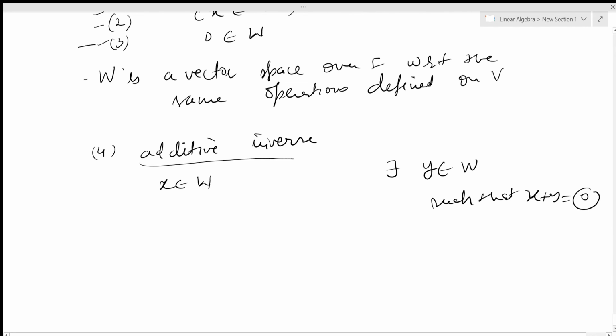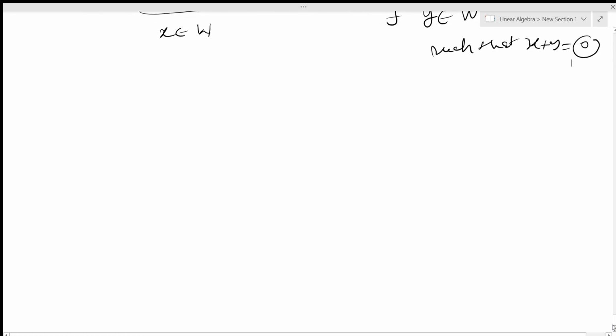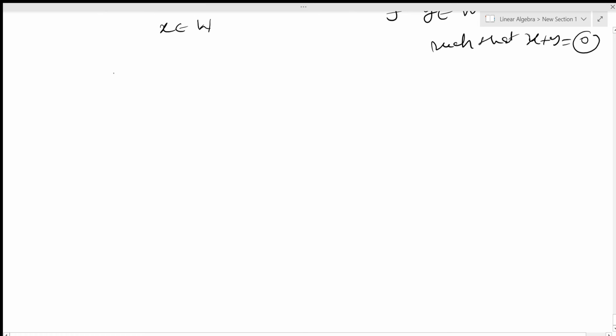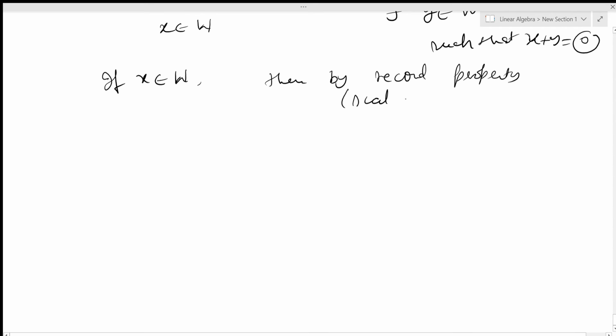So just see, if x belongs to W, then by the second property, which is scalar multiplication, C belongs to F means C is any scalar. So we can take C as -1, or 1, 2, 3, any real number, any complex number.